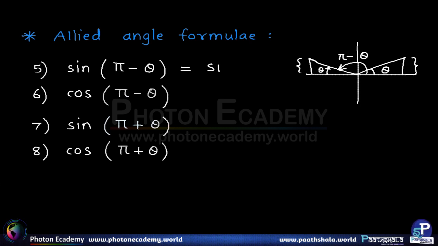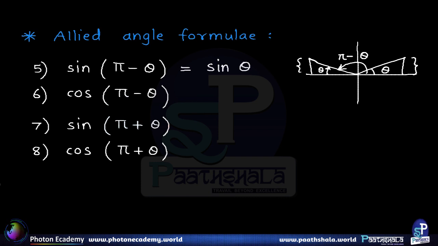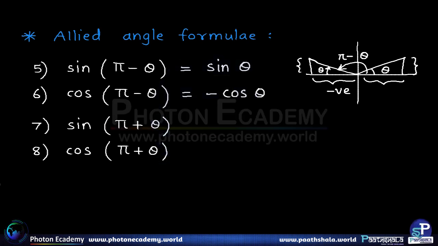So sine of pi minus theta is the same as sine theta. If you come to cos, then cos of pi minus theta is the same in magnitude as cos theta, but it is negative in sign because it is on the negative x-axis. So clearly cos of pi minus theta is minus cos theta.